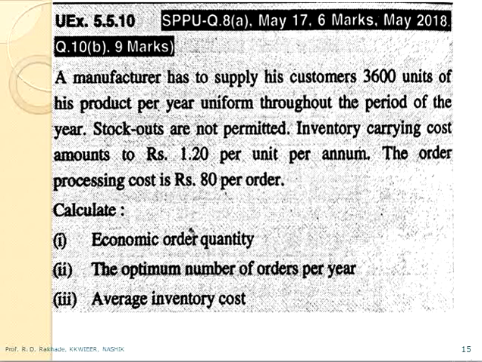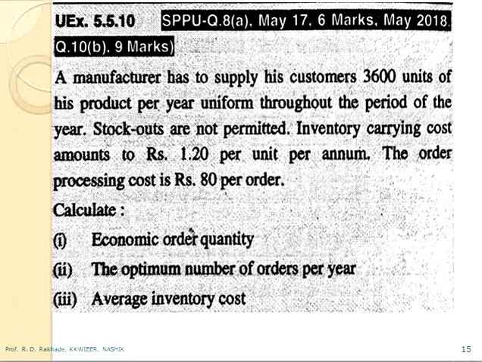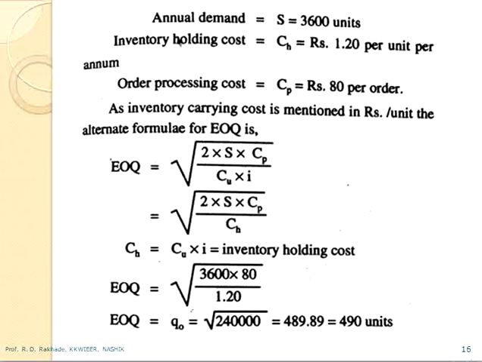Stock outs are not permitted. Inventory carrying cost amount is 1.20. Inventory cost, that is holding cost, we can say CH, is 1.20 per unit per annum. The total order processing cost, that is CP, is 80 rupees per order.